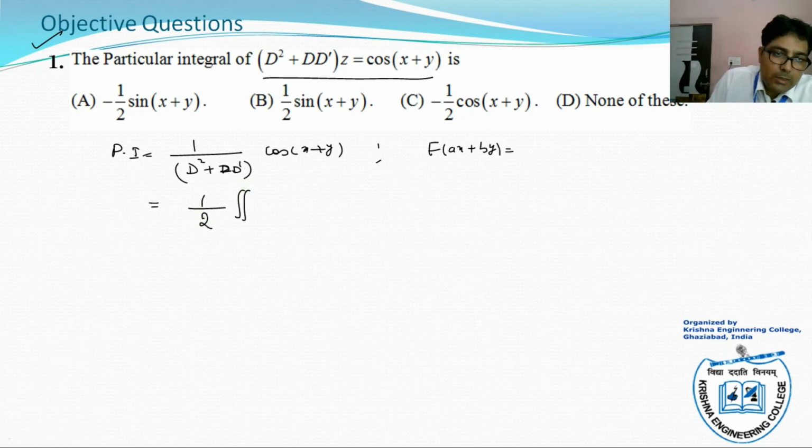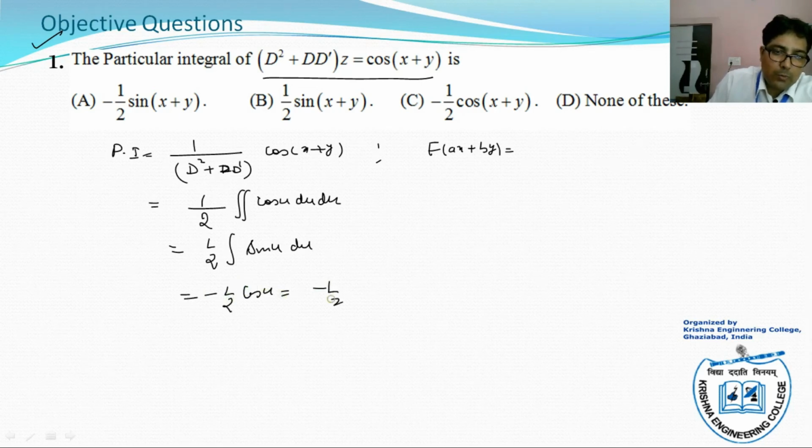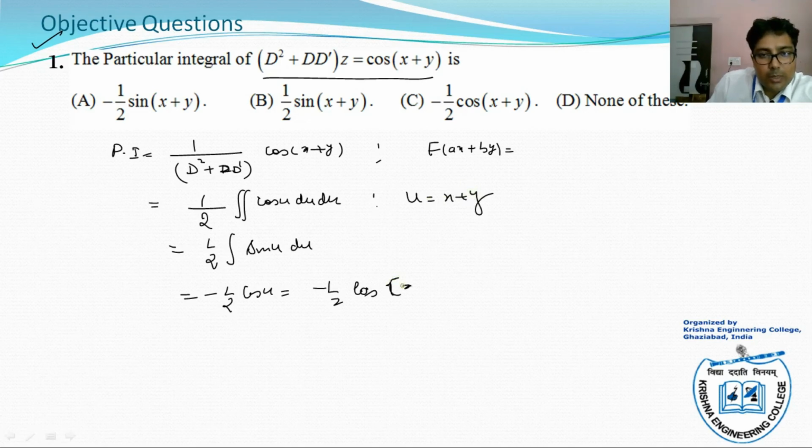Integration of 2 times cos u du, right? So this becomes 1 upon 2, integration first time is sin u du, and again integrate, minus cos u. 1 upon 2 cos u. U means the value of x plus y. So in this case, option C is correct. Option C is correct. Clear?